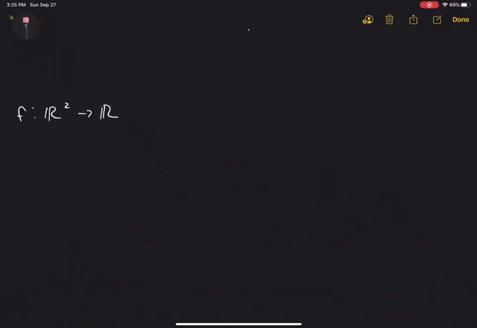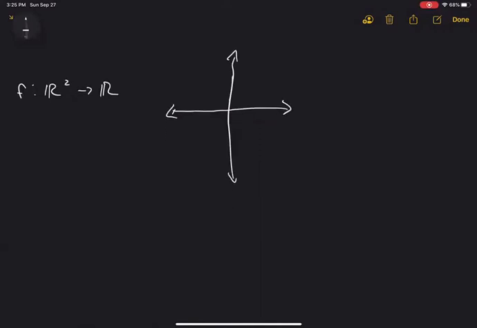What is the input? The input is a point in R2, in other words, a point in this XY plane. What is the output? The output is just a real number. I'm going to take this point XY and pair it up to this number Z.